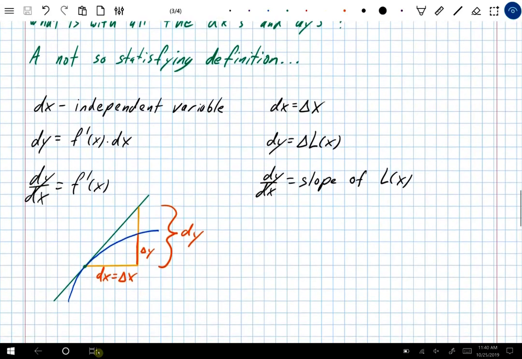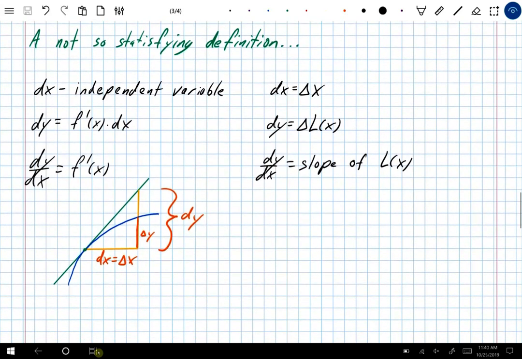Let's draw a picture of what's going on here. dx is just our delta x. It is whatever change it wants to be. This is based at some x value here. But once you say how much that dx is changing, your dy is going to be the change in the y value of the tangent line, so that their ratio is the slope.